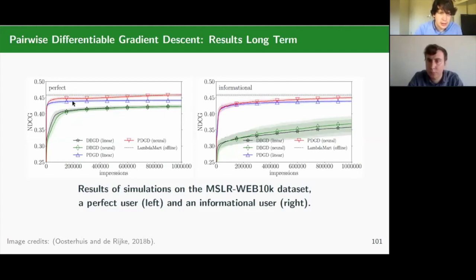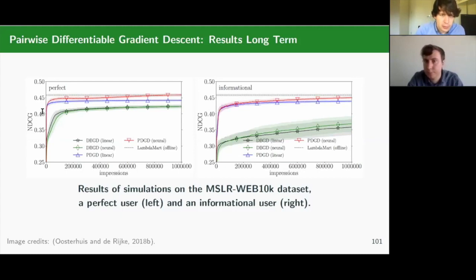So this blue line down here is this pairwise differentiable gradient descent method with the linear model. And we see it's much faster. We can't even observe how quickly it gets to this point because the resolution is too small. But it's many factors faster than dueling bandit gradient descent. And we see it converges at a much better place, but it's still not at the optimal place.